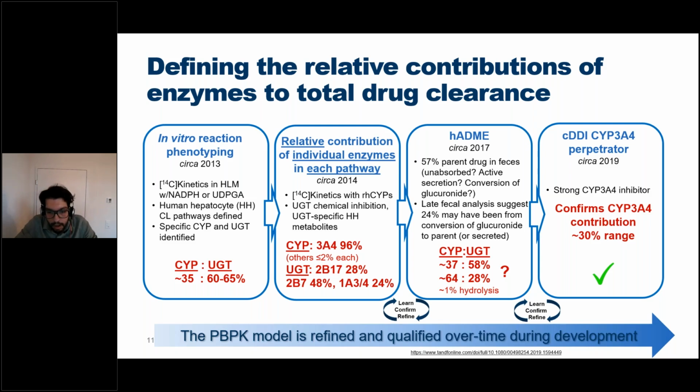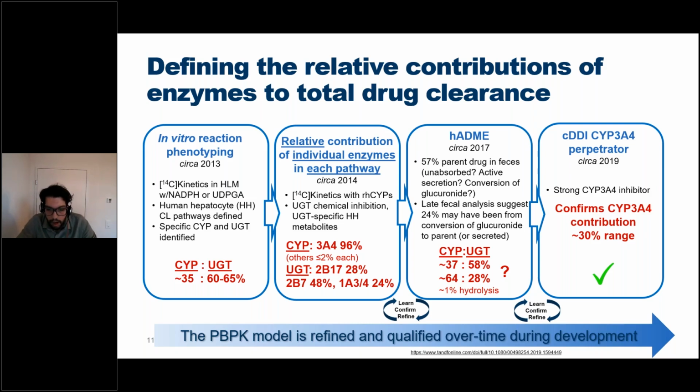Then on the next step, with additional in vitro experiments, we were able to define the relative contribution of the individual CYP enzymes from recombinant CYPs, as well as the contribution of the individual UGT enzymes with UGT chemical inhibition and UGT-specific metabolites in hepatocytes.